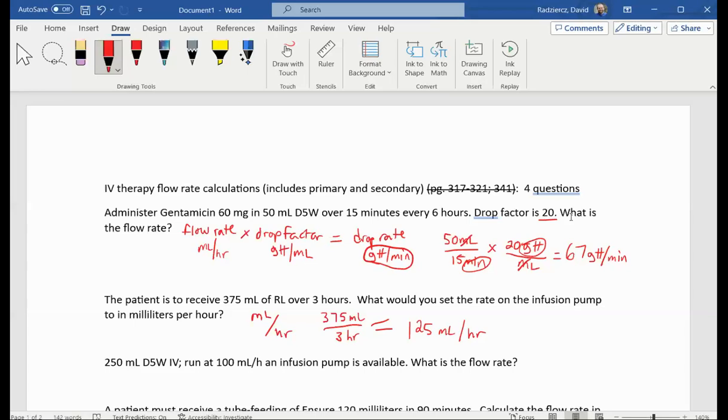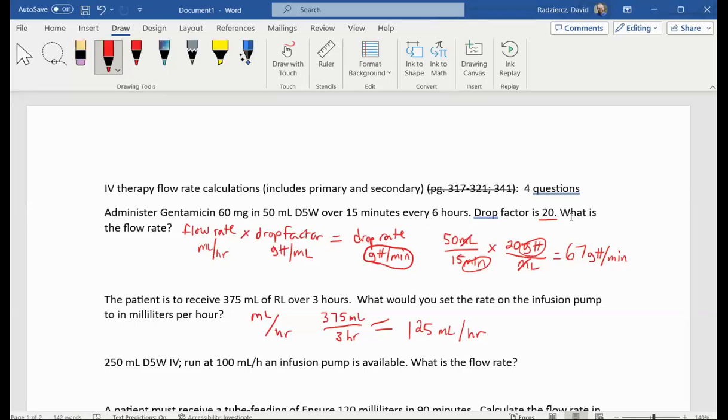Drop rate is a type of flow rate, just like milliliters per hour is the standard for flow rate. So if the question gives a drop factor, we could assume for labeling purposes it's going to be GTT over the minutes. That is, I think, a safe bet.